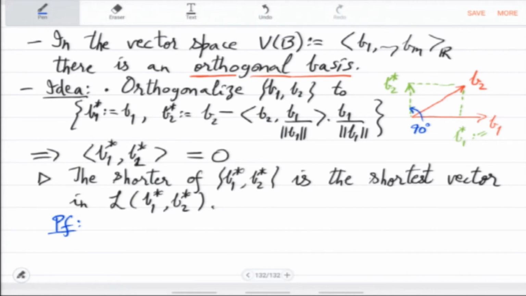In fact, the proof is just by looking at a combination, alpha 1 B1 star plus alpha 2 B2 star. If you look at the norm, again Euclidean norm, this is just a sum of squares.